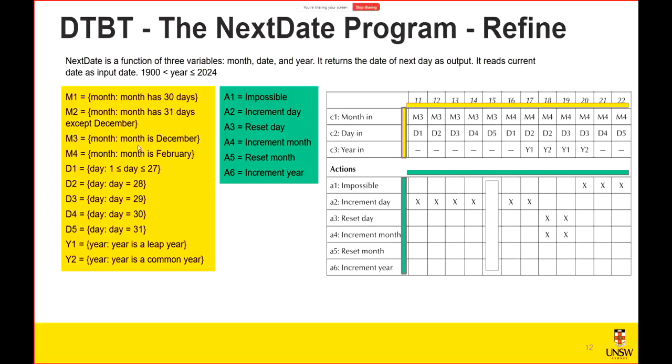Like the month is December, and we are on the 31st day of December. What will be done by the program? What actions will be taken? 3 actions? Yes, 3, 5, and 6. So although we don't know the actual implementation of the program, we can design more test cases that could comprehensively and systematically cover the potential behaviors of the program.